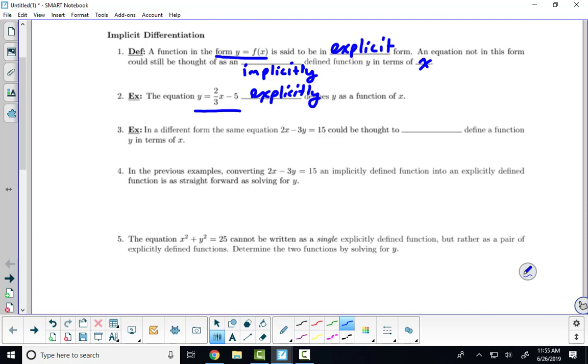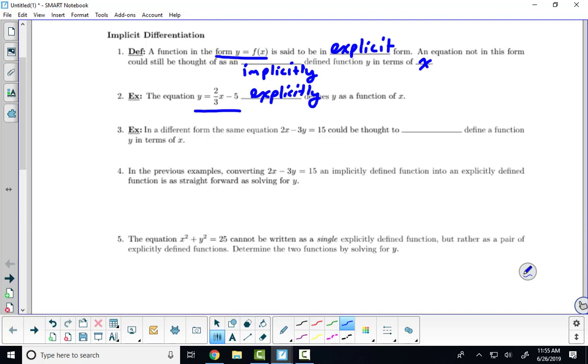And it's for that reason, even though you had studied equations for a long time prior to learning function notation, that when you were given an equation in this form, and you started talking about functions, they said, just think of f of x as y. Well, there's more to a function than just saying f of x is the same as y. But if your equation was explicitly defining y as a function of x, then the two are interchangeable. But only in that case.